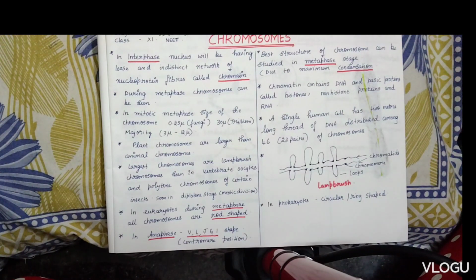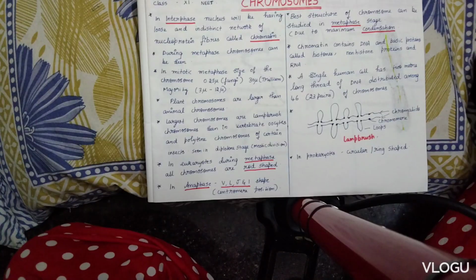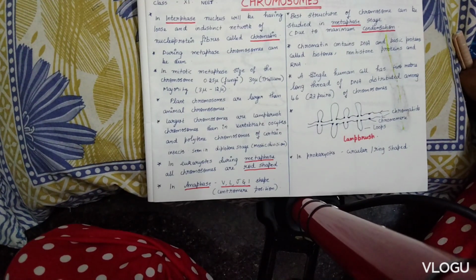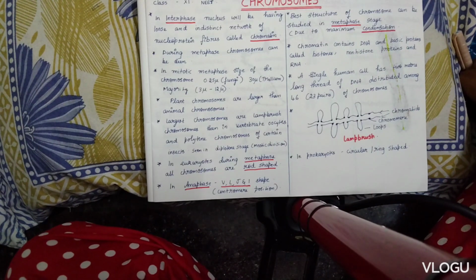insects. In eukaryotes, during metaphase, all the chromosomes are rod shaped, with a centromere and two chromatids, the proper structure of chromosomes. In anaphase, different shapes of chromatids can be seen.